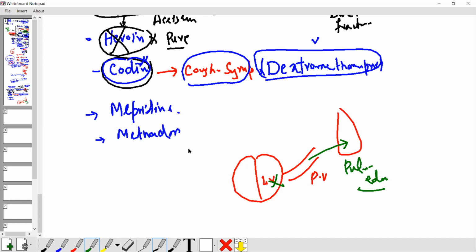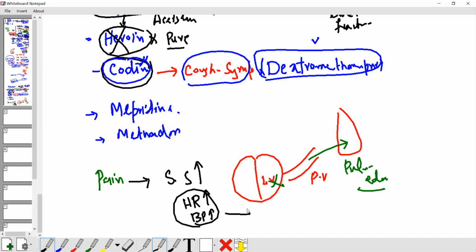Increase, because you're in pain. Pain stimulates the sympathetic system. So in the pain patient, heart rate is high and blood pressure is high.